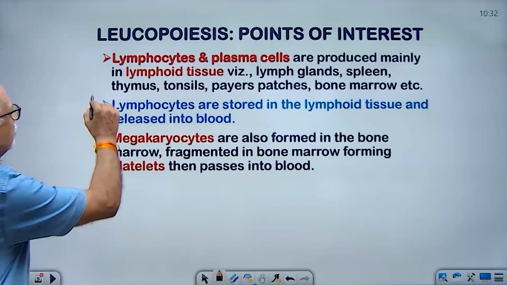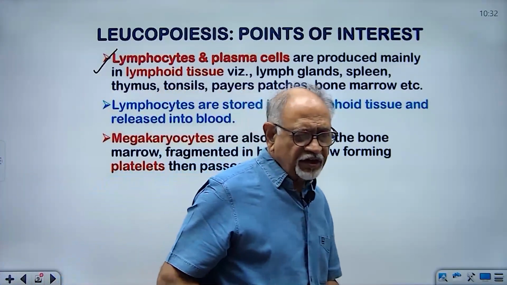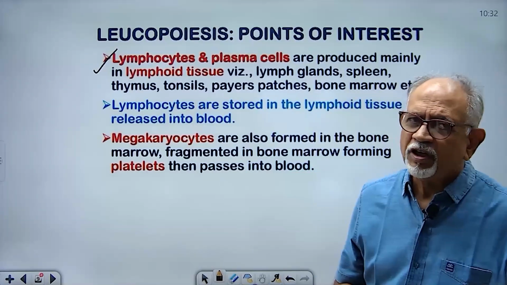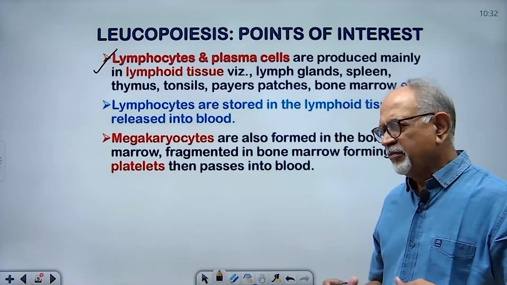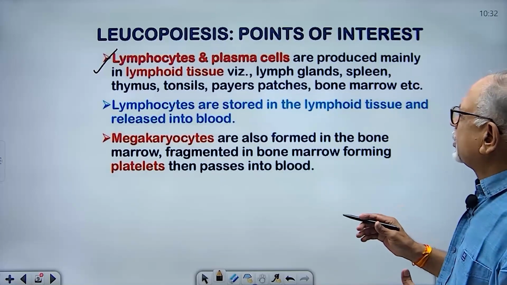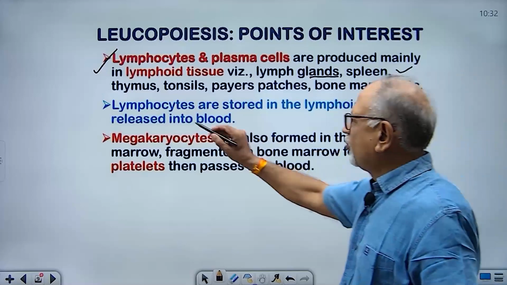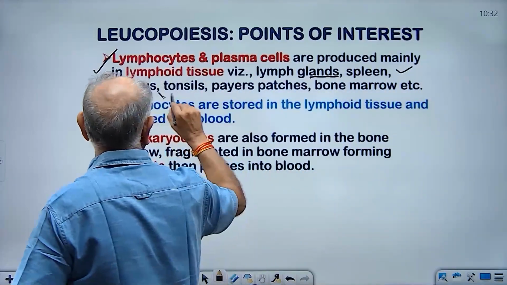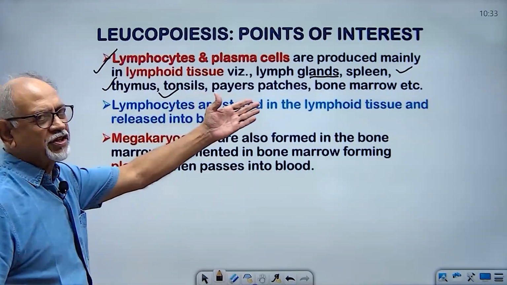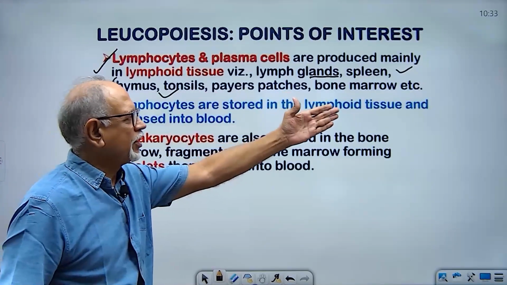Now, coming to lymphocytes. Lymphocytes are produced in lymphoid tissue. We may call it the lymphoid system, which includes lymph glands, spleen, tonsils, thymus, Peyer's patches, especially in the large intestine, and bone marrow.